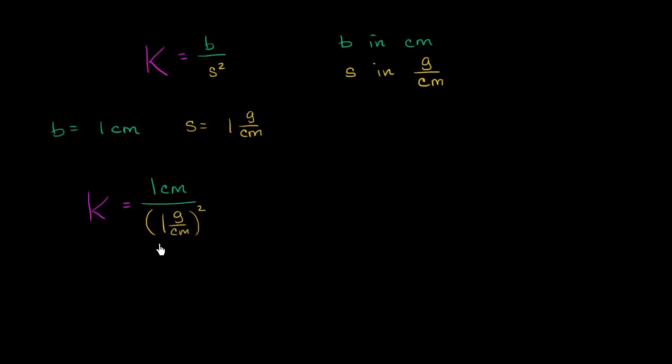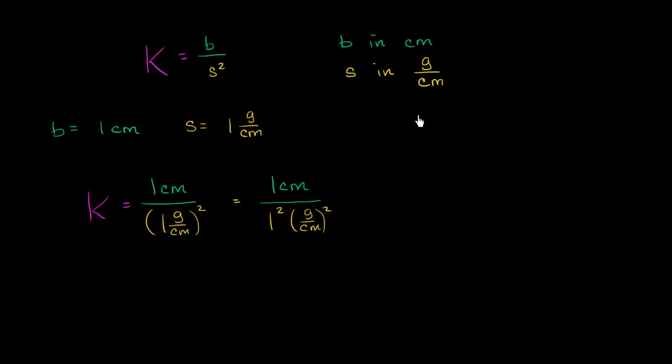Now, we've already talked about the idea that we should treat our units like algebraic quantities. So this should be equal to 1 centimeter over, now, you could rewrite this as 1 squared times grams per centimeter squared.